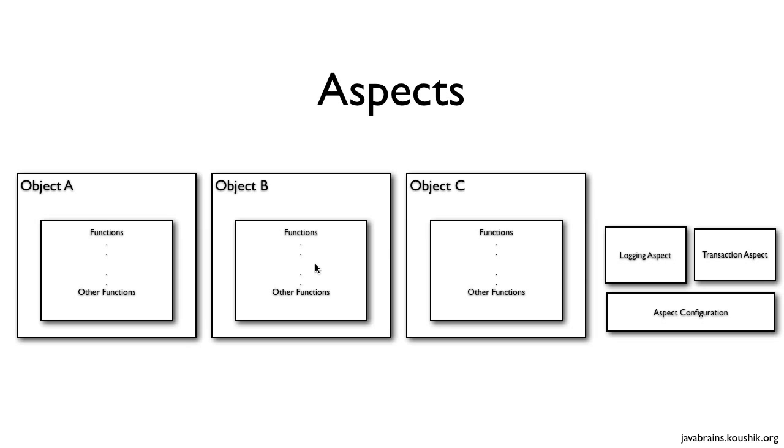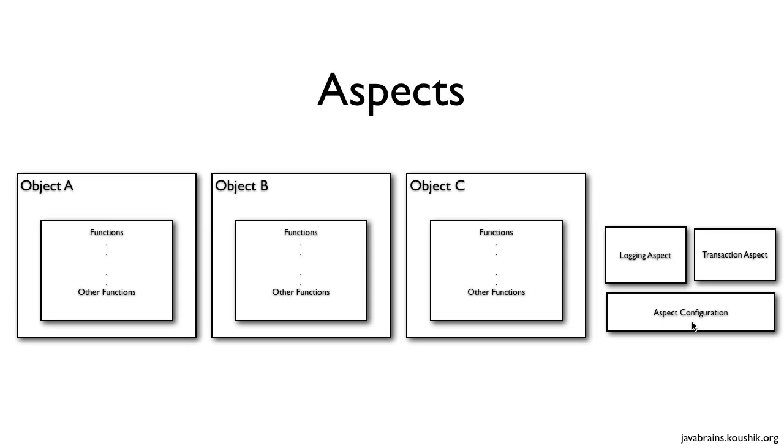I don't have to write the call to the logging method here. Instead, I go to the log aspect configuration and say the logging aspect needs to run for method DEF also. So whenever the method DEF executes, the logging method is also executed just before the method runs. So this makes it very easy for us to add and remove and make any changes as such without making changes to the code. You can make changes to the aspect configuration and have these aspects apply to different points in the code.